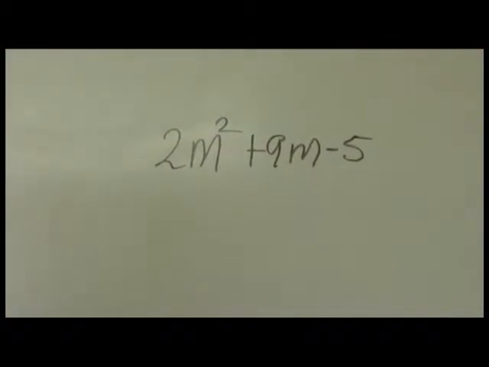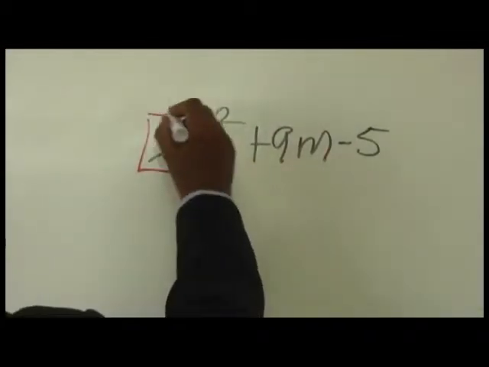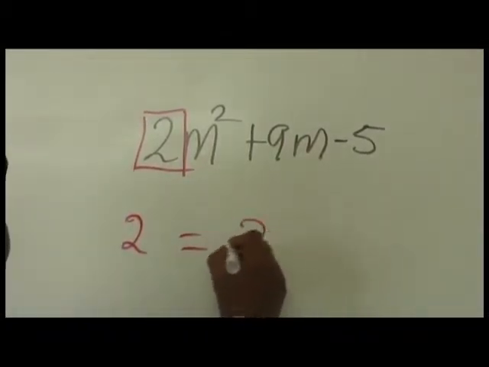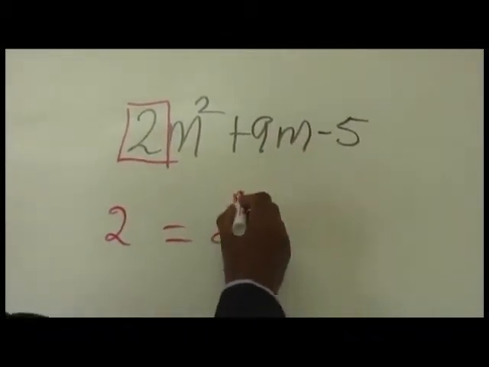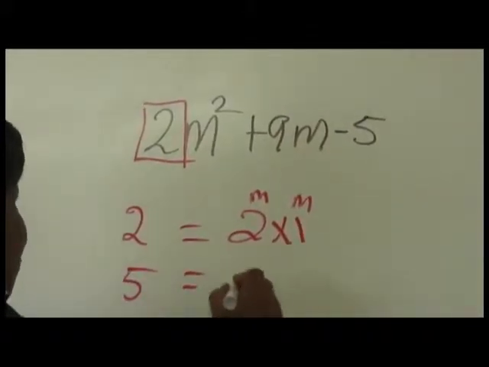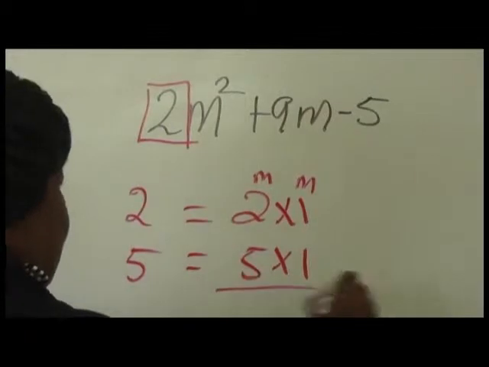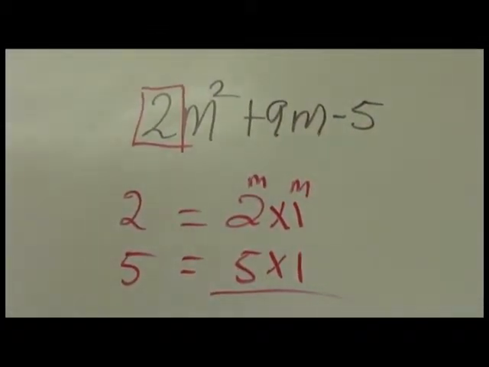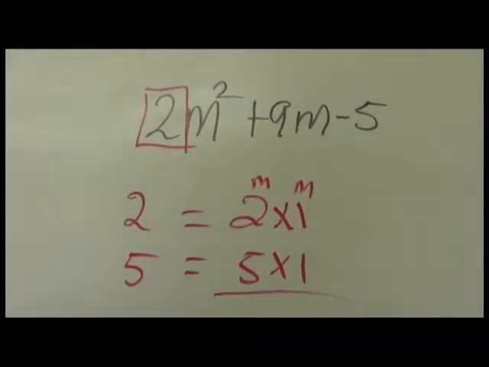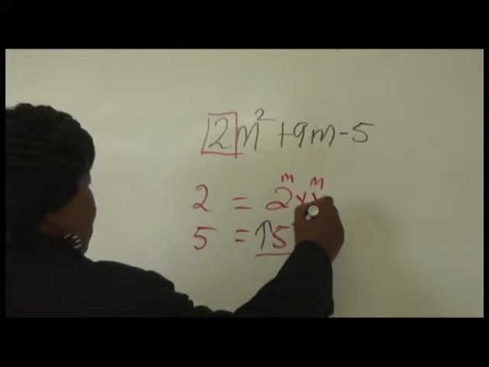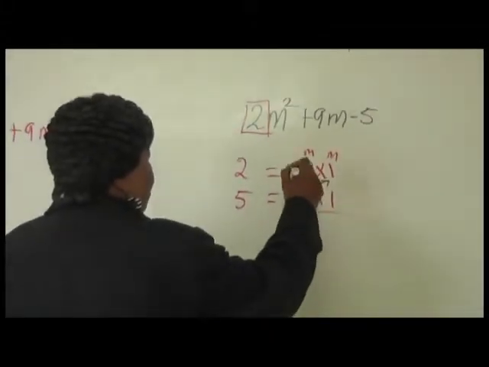What we do, we look at the coefficient from the x squared term and get our factors, which are 2 times 1. It's a prime number, so it only has 2 factors. And then for the constant term it is just 5 times 1. Whatever we do to these in terms of multiplying, we can go diagonally, or just vertically.